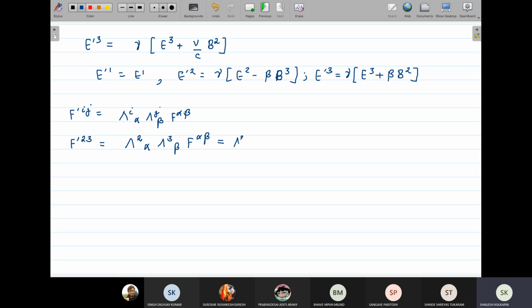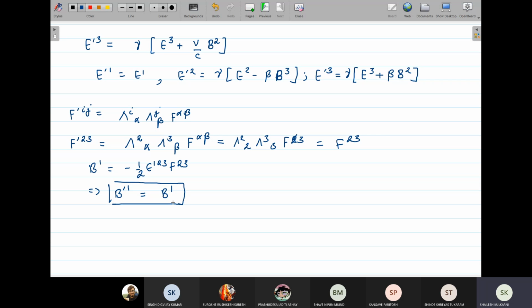So lambda 2 2 lambda 3 3 F 2 3. But these two are 1, so this will be F 2 3. It's the easiest of all. But B1 is equal to minus half epsilon 1 2 3 F 2 3. So this implies that B prime 1 equals B1. That's it.